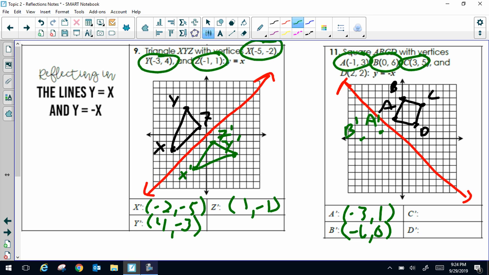C prime would be at (-5, -3). And D prime would be at (-2, -2). And there you go.